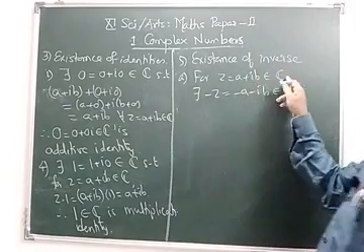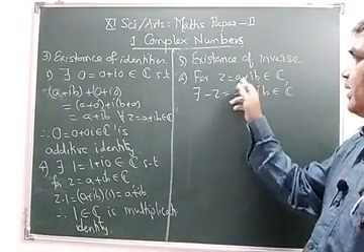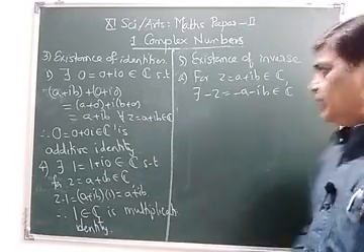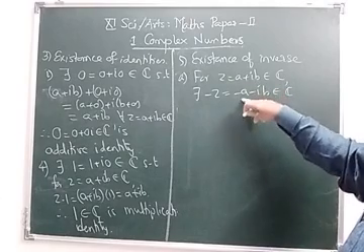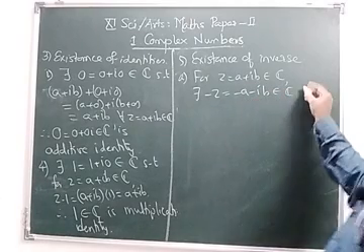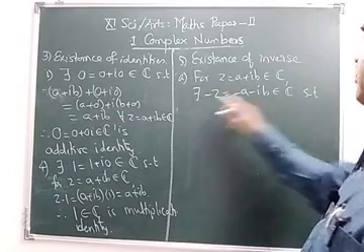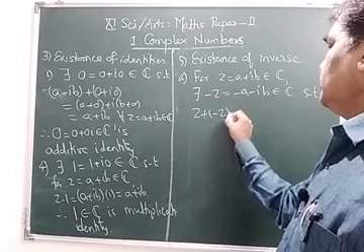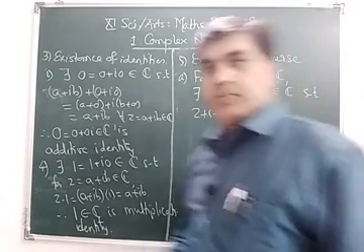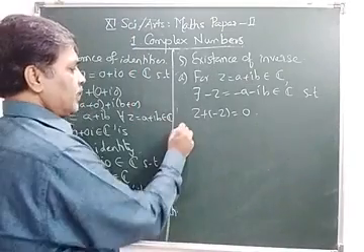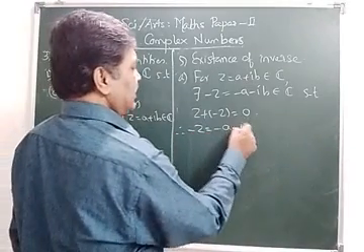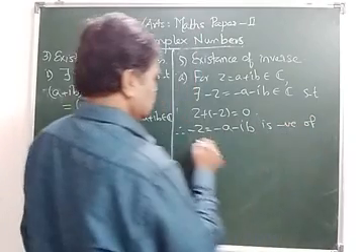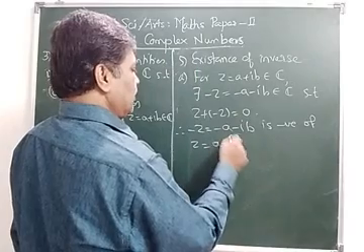For A plus IB belonging to C, A and B are real numbers, so the negative of A is minus A, and for B, its negative is minus B. So by using these negatives, I am writing minus A minus IB in C such that Z plus minus Z must be 0. And therefore minus Z equal to minus A minus IB is the negative of Z, belonging to C.